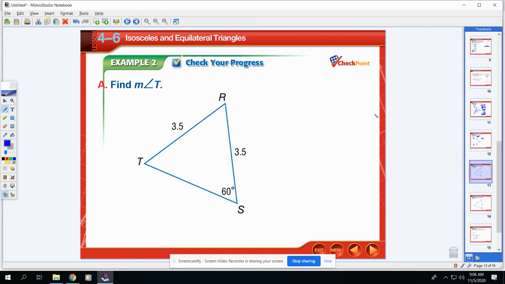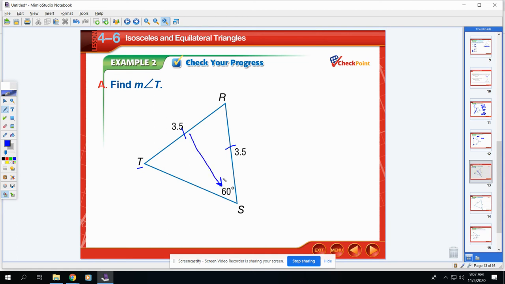Couple more here. Looking for the measure of angle T, which is right here. Now, they do give us two sides and one angle. I noticed 3.5 is here, which is congruent to the 3.5 over here. So if we can find the angles that are opposite, those are going to be the same because 3.5 is congruent to 3.5.